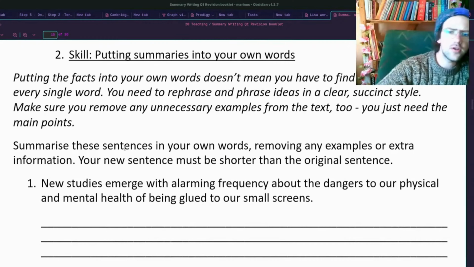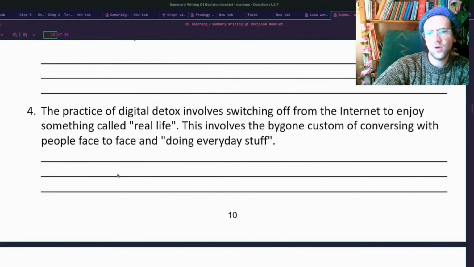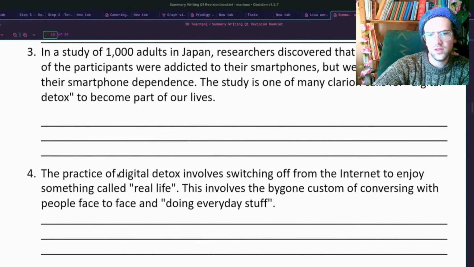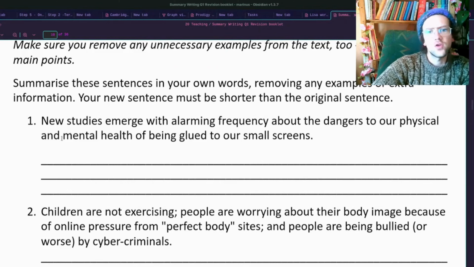So the activity we're going to do now is we're going to take these sentences and put them into our own words. There are 4 pieces and we're going to put them into our own words. Okay? I'm going to give you 10 minutes to do this.